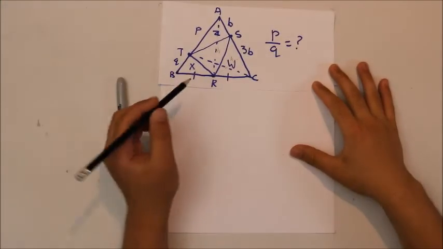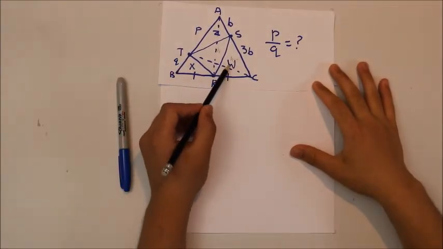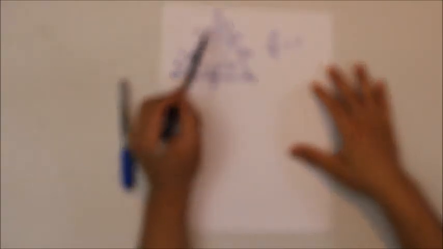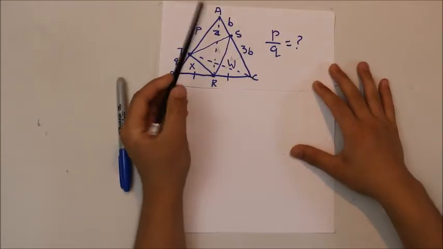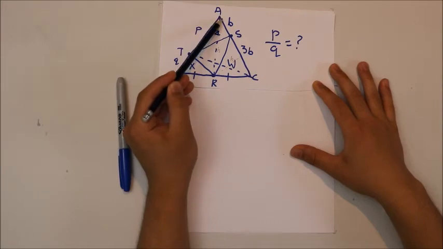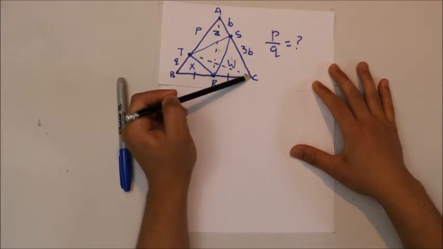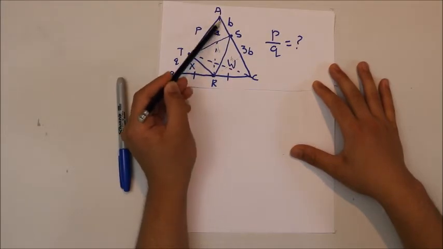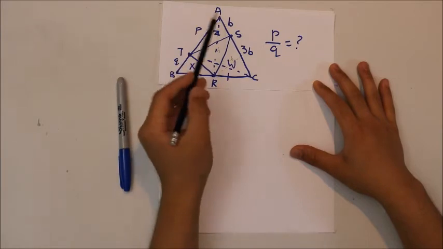For the equation of Z, we will do something similar to when we found the equation of W. If you take a look here at triangle ATC, we can see that it has the same side length, AC, as we had when we were solving for W. But in this case, Z only uses 1/4 the length of AC.